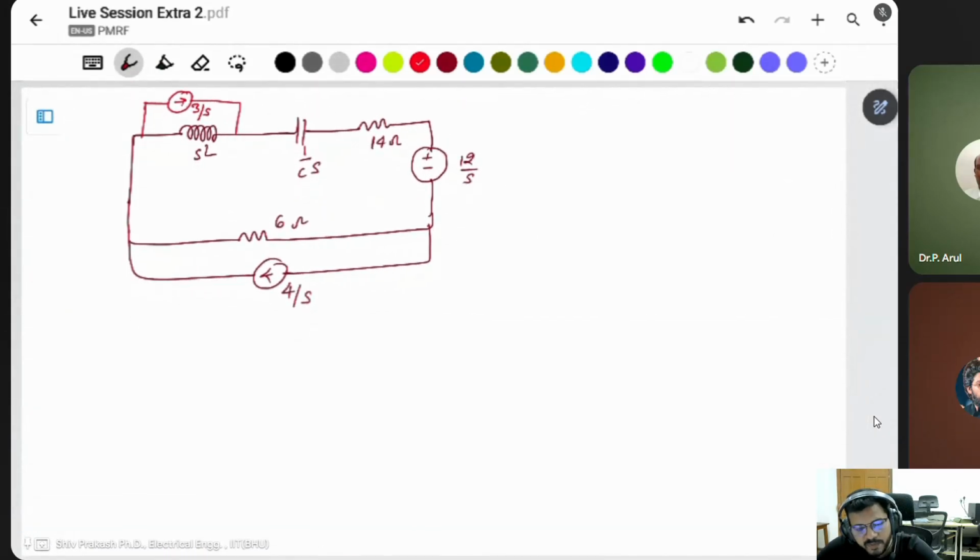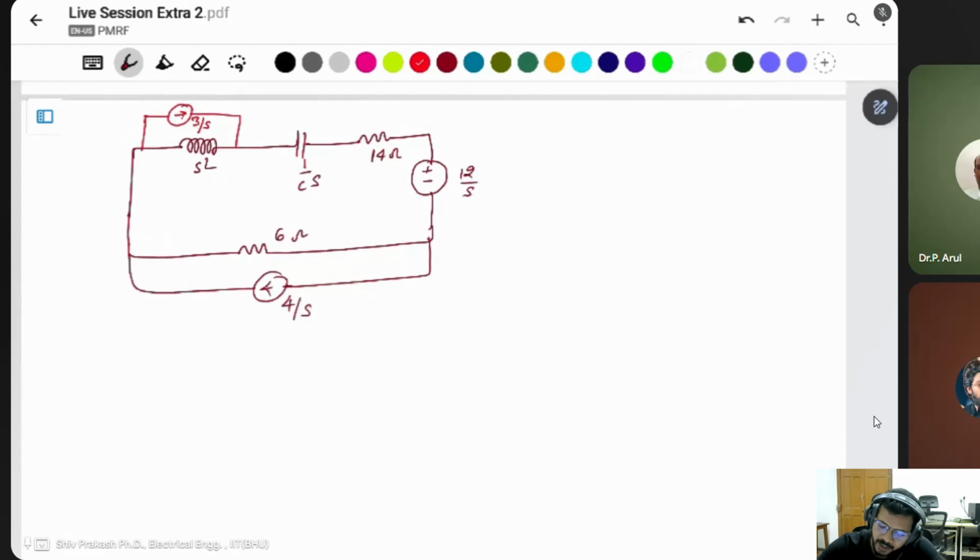You have to always make the Laplace circuit after t equals 0 to find the value, because almost always the value asked is after t equals 0.